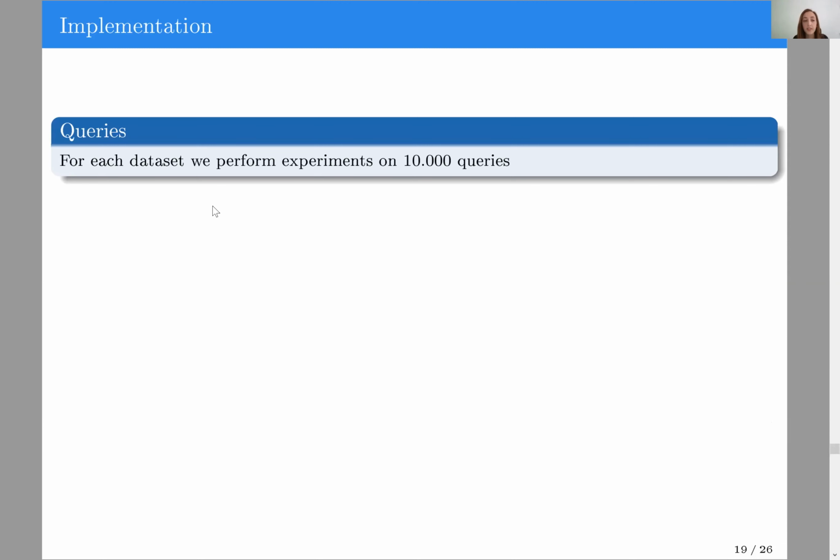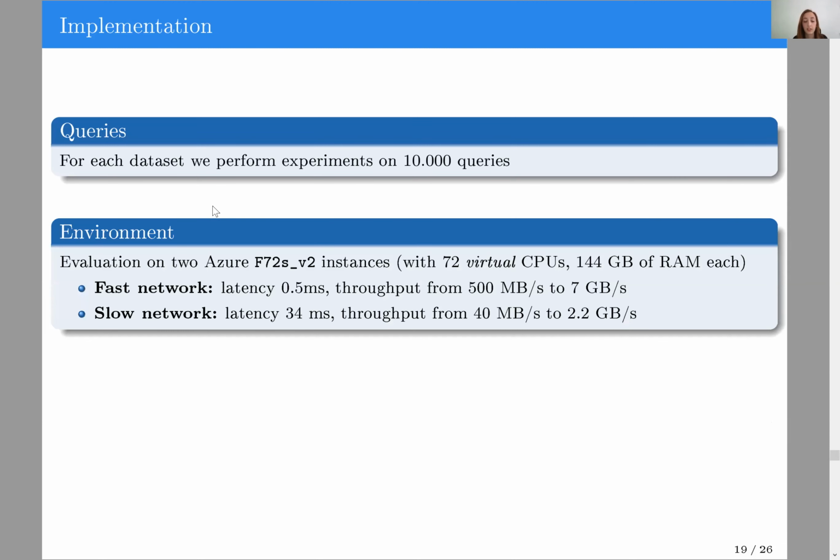We do experiments on the Azure platform by using 2 Azure instances that have up to 72 virtual cores. And we try to simulate both a fast network and a slow network.